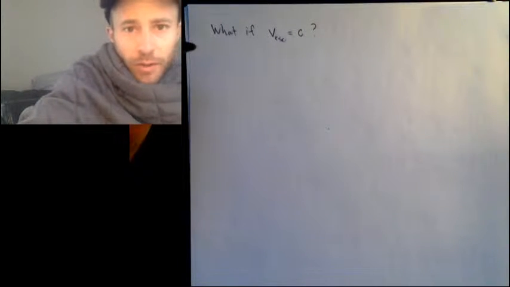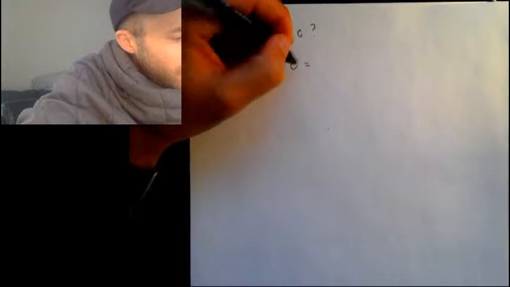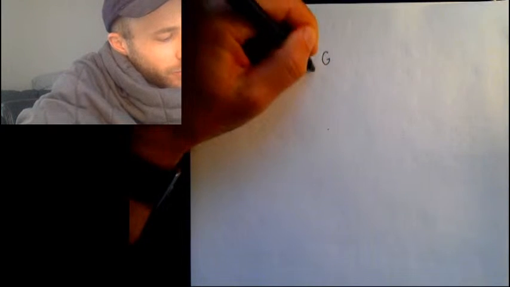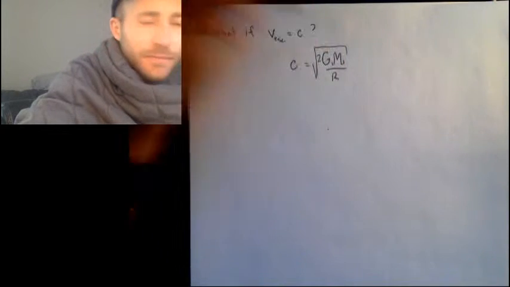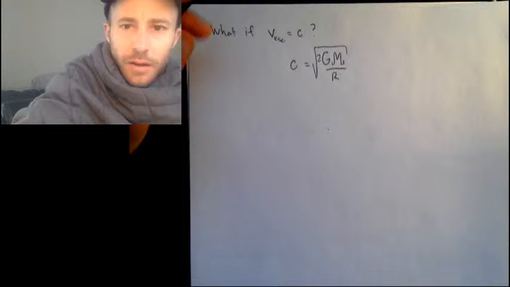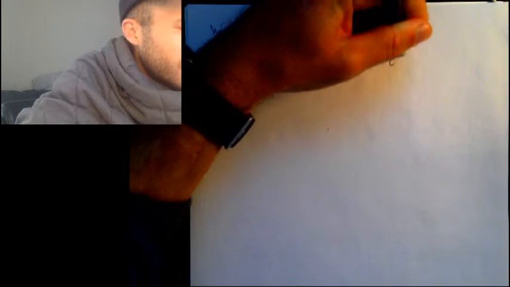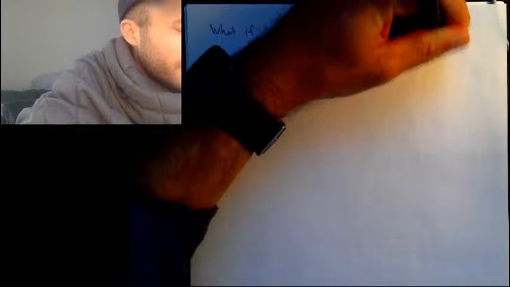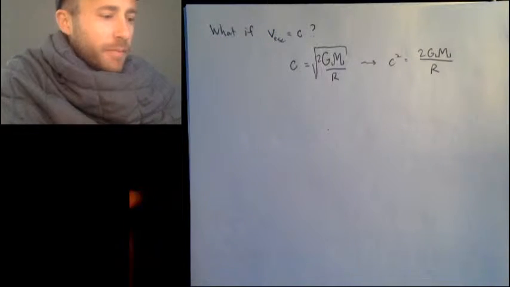In that case, we would have c equals square root of 2G big M over R. And we can square both sides. So we get c squared equals 2G big M over R.